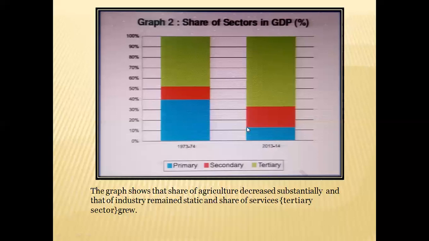The share or the percentage of agriculture in GDP has decreased. It is very less. Percentage of secondary sector in GDP has increased, but this increase is less as compared to tertiary sector. Maximum increase in percentage in GDP is of tertiary sector, as you can see.